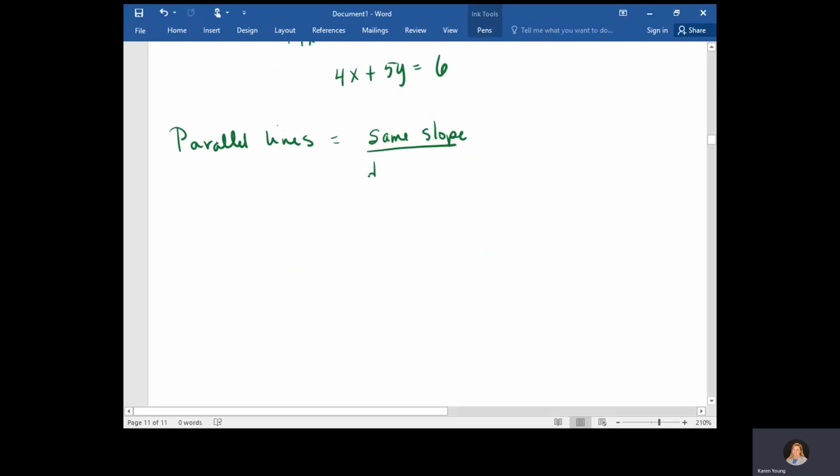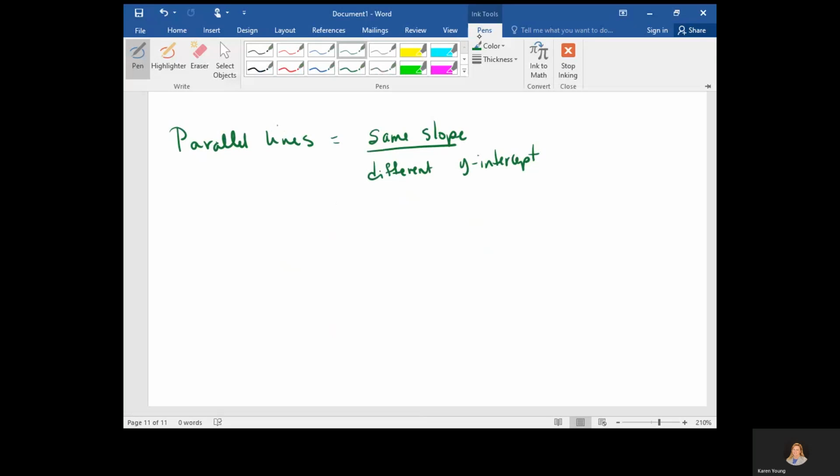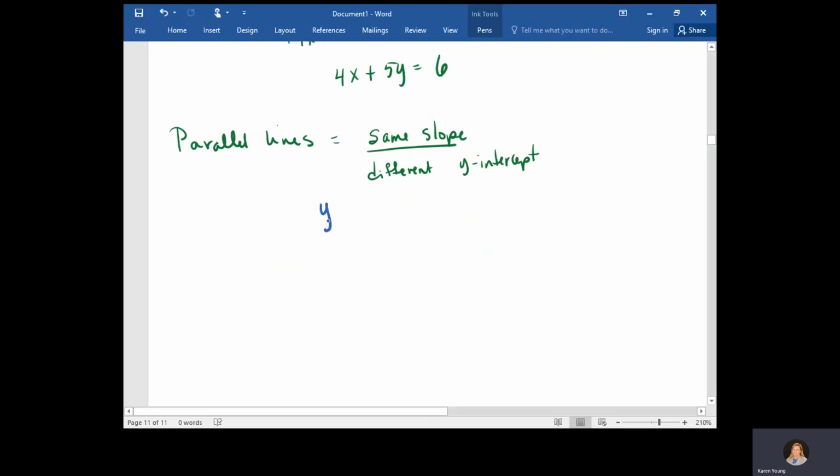They'll have different y-intercepts, but they will always have the same slope. So I can say y equals 2/3 x plus 7, and y equals 2/3 x minus 7 are parallel.